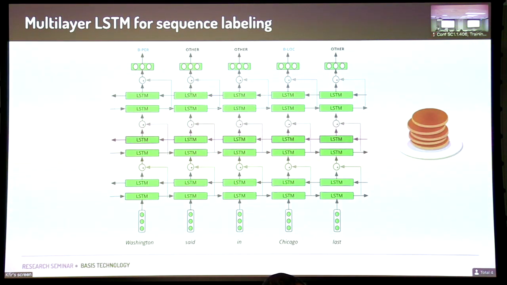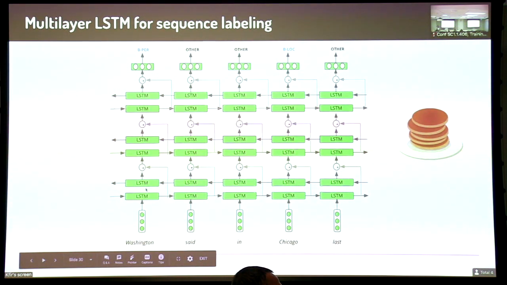Yes? Does the arrow going into the LSTM also go into the one above it? So you see how you have an arrow going into the bottom LSTM? Does that same arrow go into the one right above it? He's asking, for those two LSTMs that are close to each other, is there in fact an arrow that joins them together?